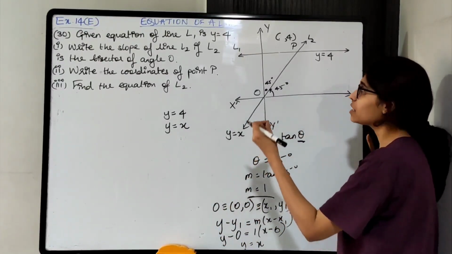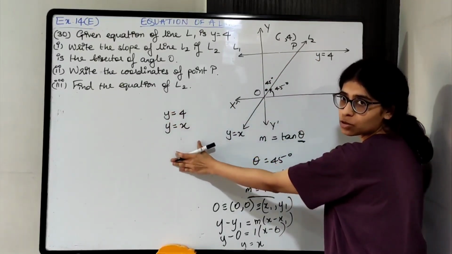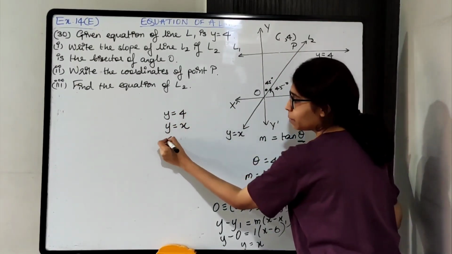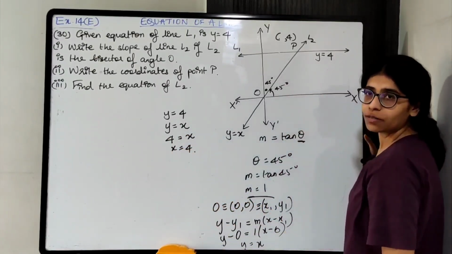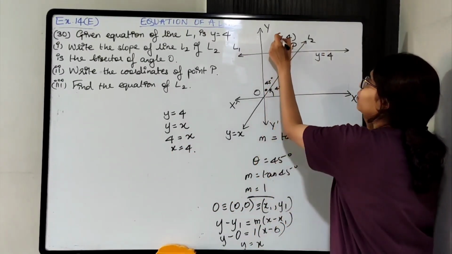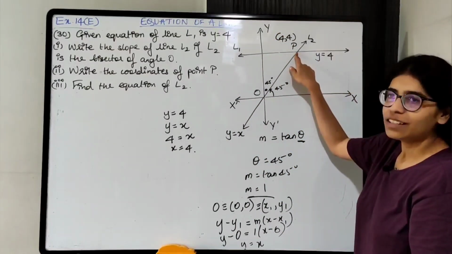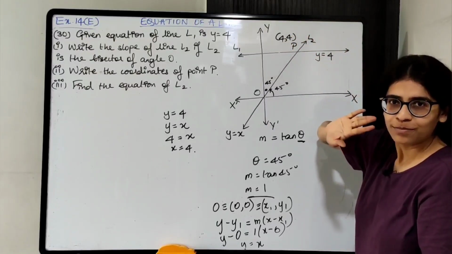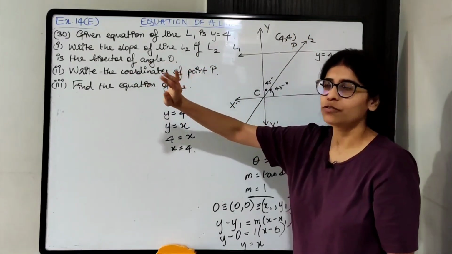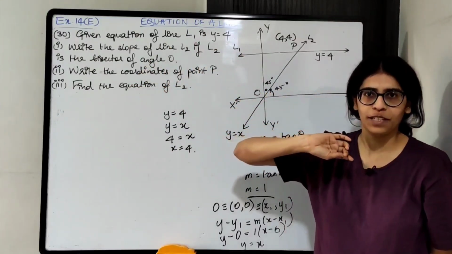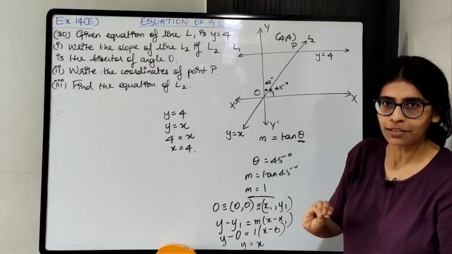Because it is point of intersection of both the lines, so it has to satisfy both the equations. Okay, so y का value 4 यहाँ पे put करो, x equal to 4, that is x coordinate 4 होगा. Okay, so P is 4,4. All right. So first you have to find the equation of L2 and then find the coordinates of P. Okay, so everything is easy, it's not that tough.